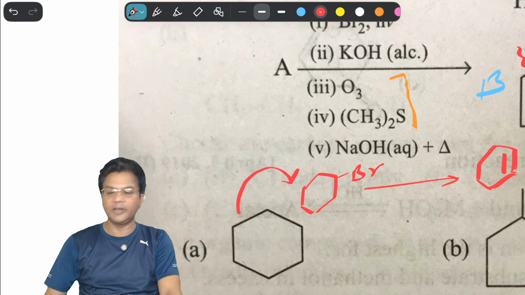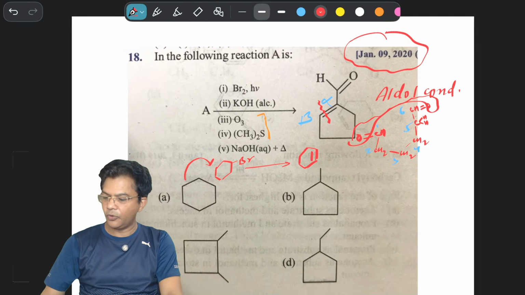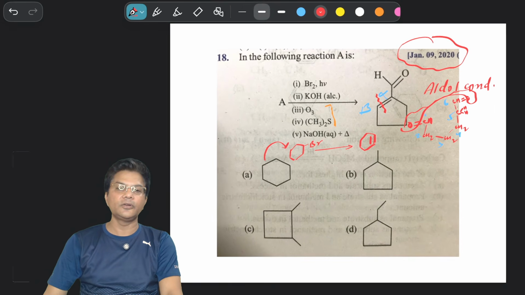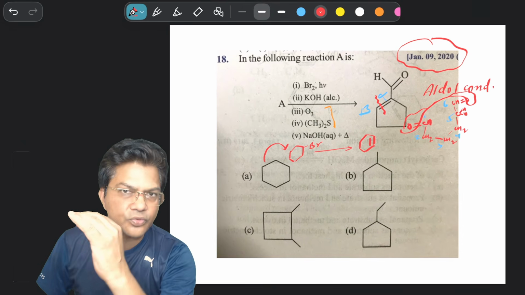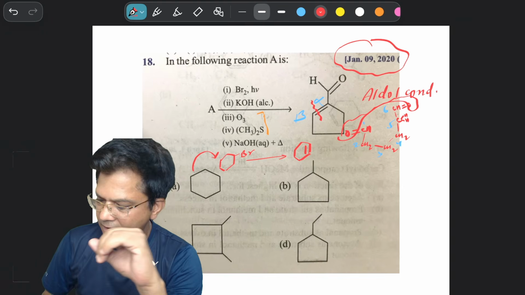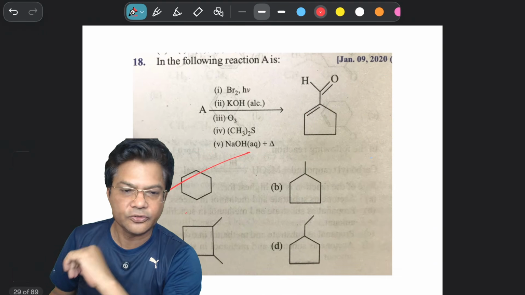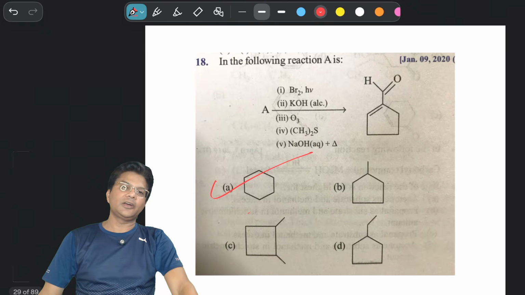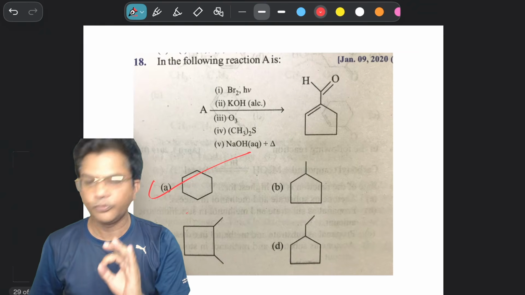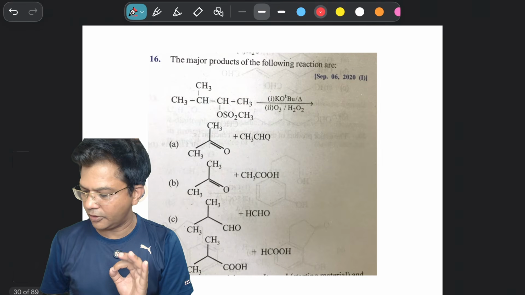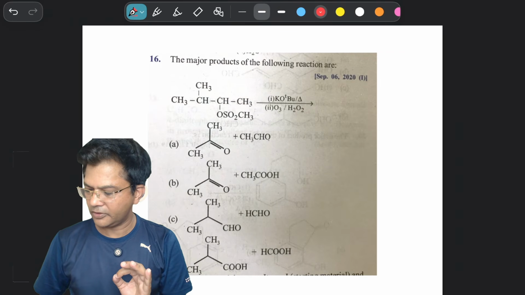So A is the correct answer. I hope that you must have got it. You must have gone to the reactant. So A is your correct answer. Nice question. Really awesome question. Full marks. Now another question on your screen. Just apply your brain.